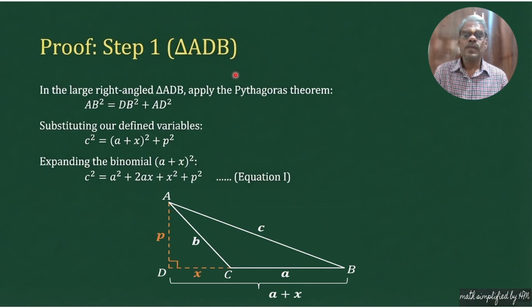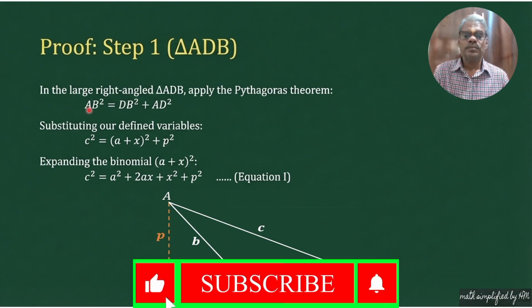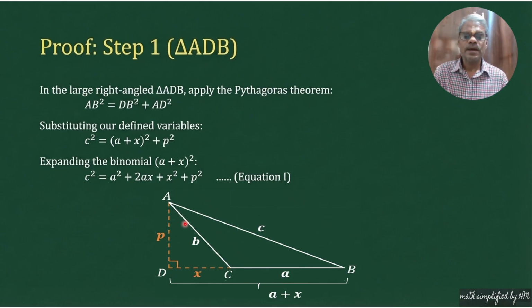Step 1 of the proof. In the large right angle triangle ADB, apply the Pythagoras theorem. ADB: AD is perpendicular to BC. Therefore, ADB is a right angle triangle. By Pythagoras theorem, we get AB square is equal to DB square plus AD square.